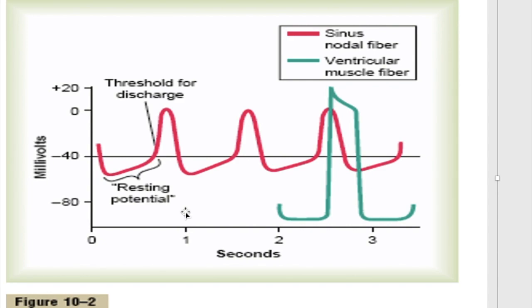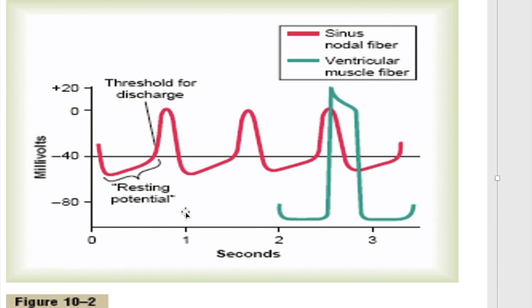Now keep in mind that the nodal cells are slow conducting because they lack the phase 0 sodium current, leaving the calcium ion current to drive the upstroke of the action potential.